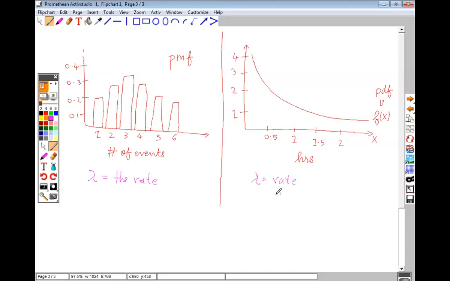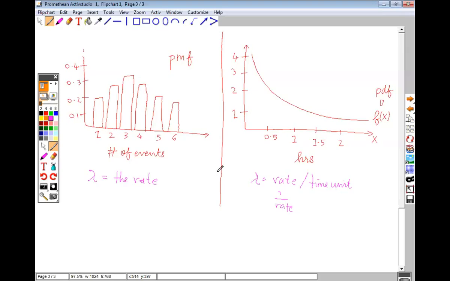Some people say inverse of a rate. What about others? Anyone who favors some answer? Okay, I would say that both the answers are correct.